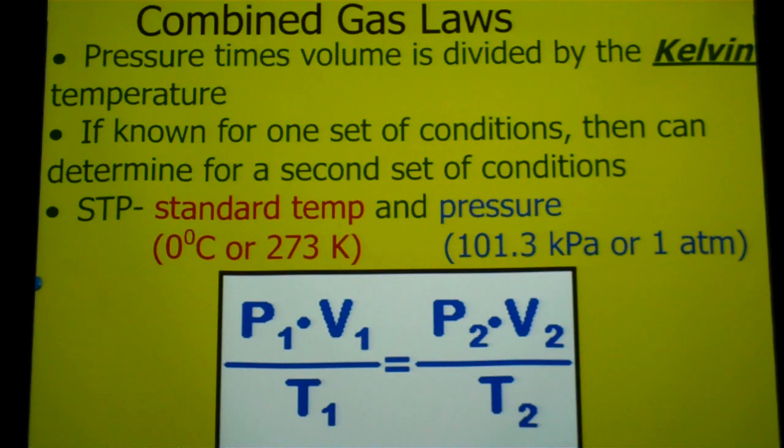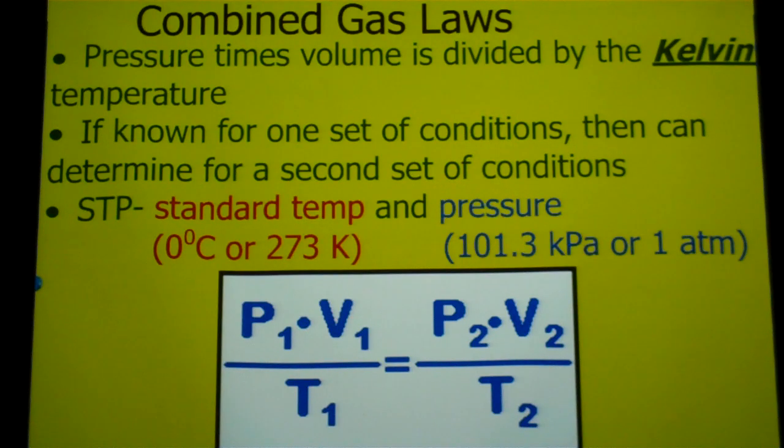Sometimes you'll see STP in a problem. STP stands for standard temperature and pressure. However, when you see STP, you should think of numbers instead of words. For standard temperature, you should consider 0 Celsius or 273 Kelvin.